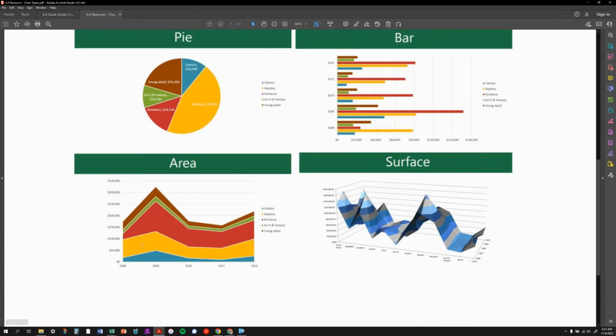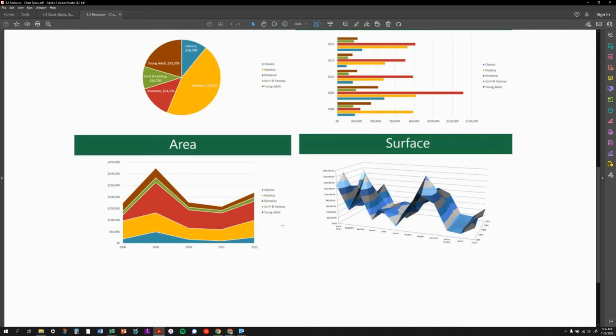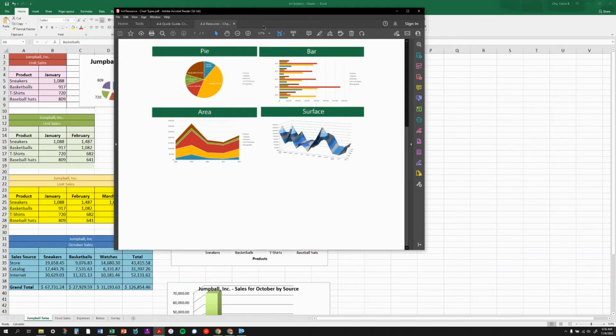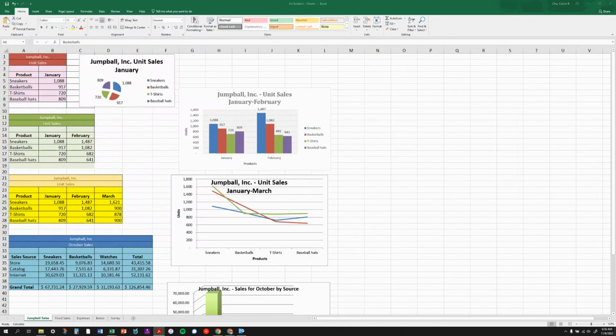Area charts chart growth over time, and it's a little bit more visually easier to see as we're thinking about totals here. And this is a new type, a surface chart. I don't use this one too much, but you can see this indicates trends. It also indicates types of data as well. But the colors and the images all add to allowing us to make sense of data a little bit better.